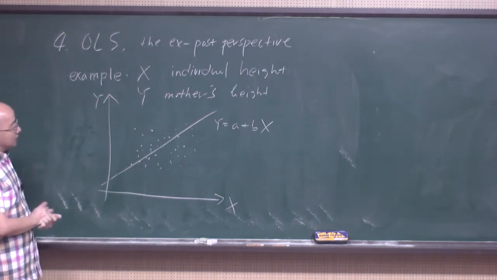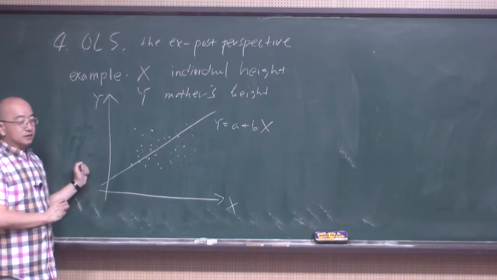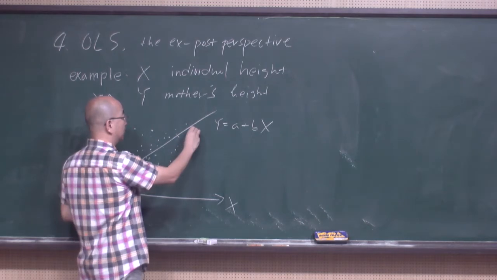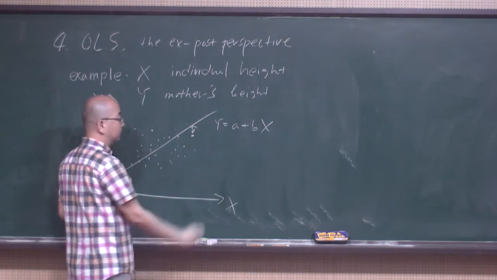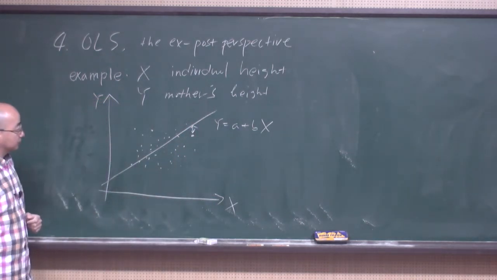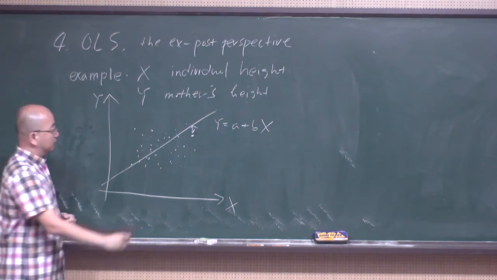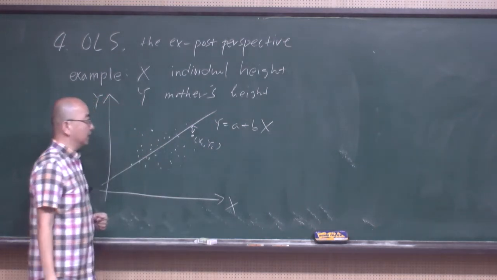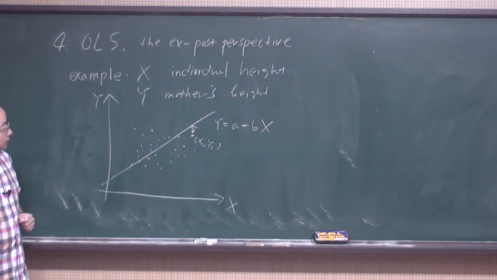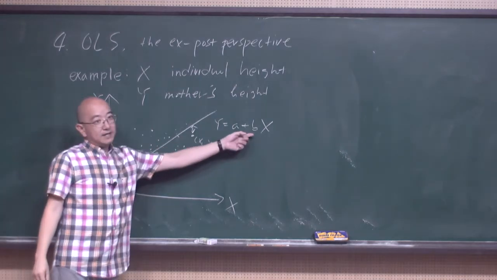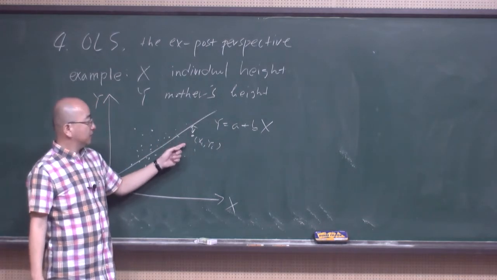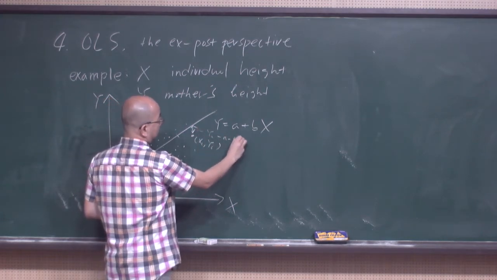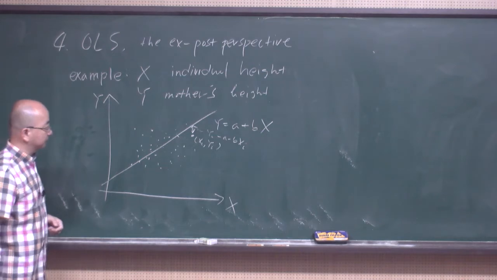And in OLS, the way we determine this line is for each point, we calculate the vertical distance. So if this point is xi, yi, then for some A and B, this vertical distance will be just yi minus A minus B xi.